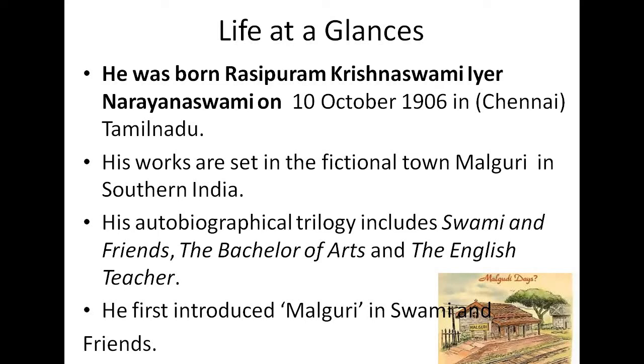And he added some historical details also, because when you are creating a fictional town, you have to give it life and character, then only readers will be able to relate with this town. So he said that Buddha once passed through this town, and Lord Rama also once came and stayed in this town. He added these historical details to give this town a life and character, although it is purely fictional.